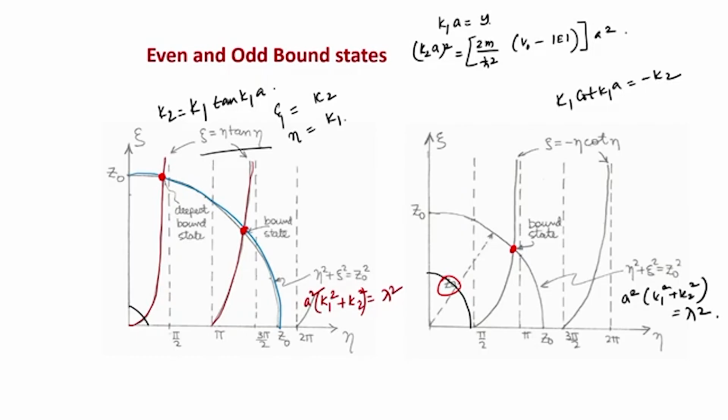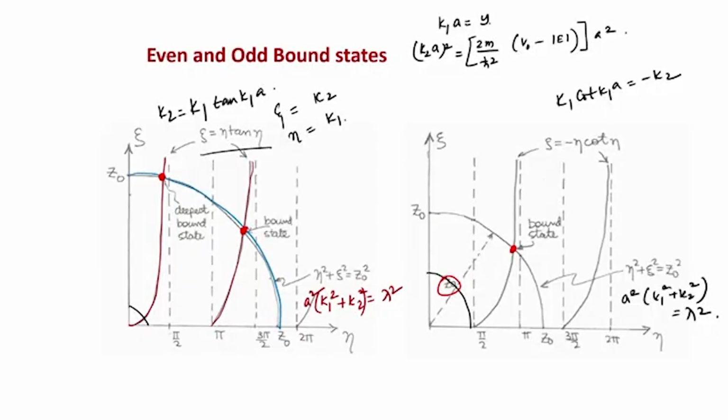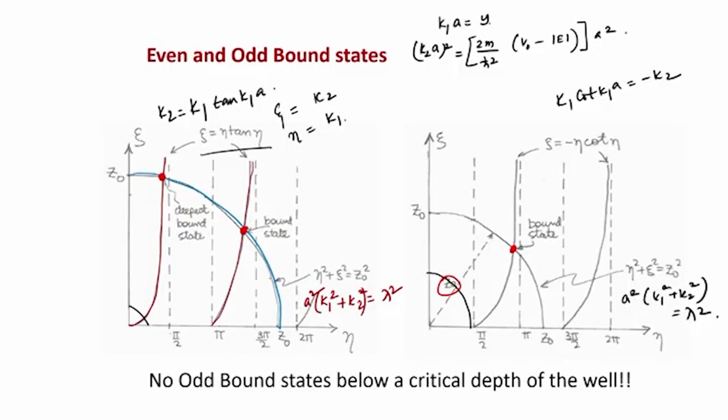For an even bound state, any infinitesimal depth of the well will give rise to a bound state. However, that is not true for the odd bound state. You need a critical depth to have at least one bound state. Okay. So we stop here for now, and so what is written there is: no odd bound states below a critical depth of the well.